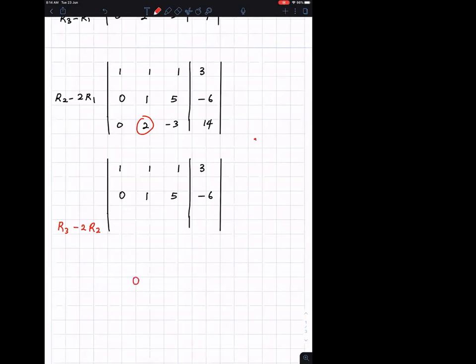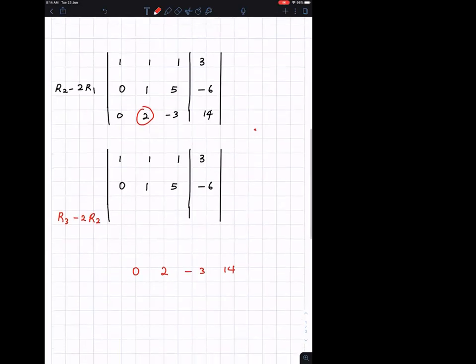R3 is 0, 2, minus 3, 14. Minus 2R2: 2 times R2 is 0, 2, 10, minus 12. So you subtract. 0 minus 0 is 0. 2 minus 2 is 0. Minus 3 minus 10 is minus 13.